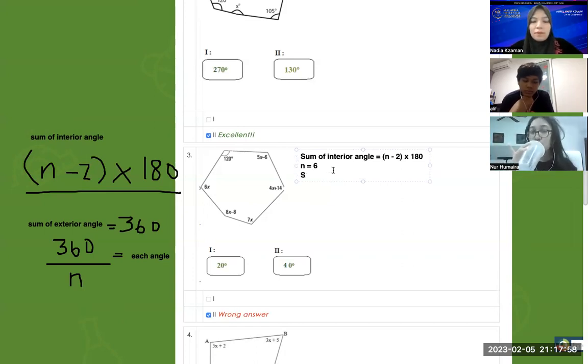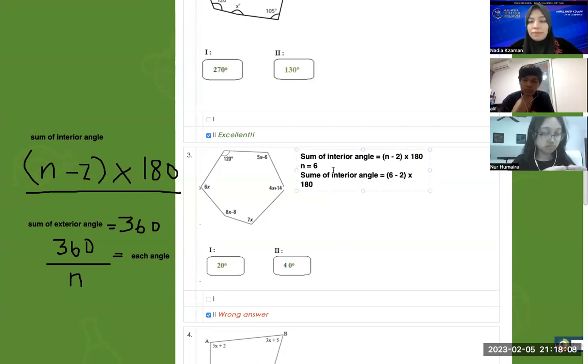So sum of interior angle is 6 minus 2 times 180. What is your answer for this one, Alif? You need to press the calculator. 6 minus 2 times 180 is 720. That is correct.